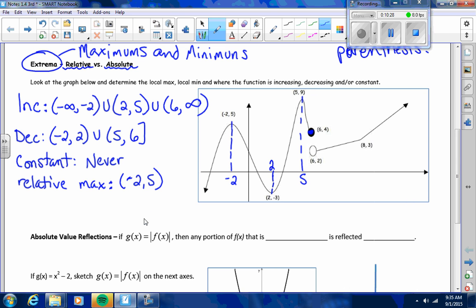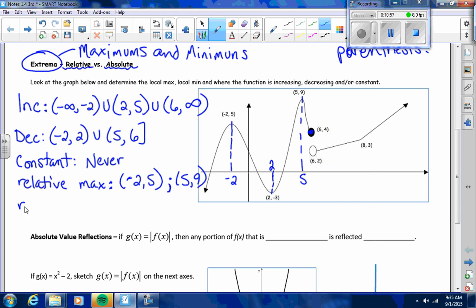Okay. Joseph, is there another? Where? 5, 9. 5, 9 is also a relative maximum. Relative to this area of the graph, it reaches a peak. Okay. Let's see. Shanae, are there any other relative maximums? That is correct. No, there are not.